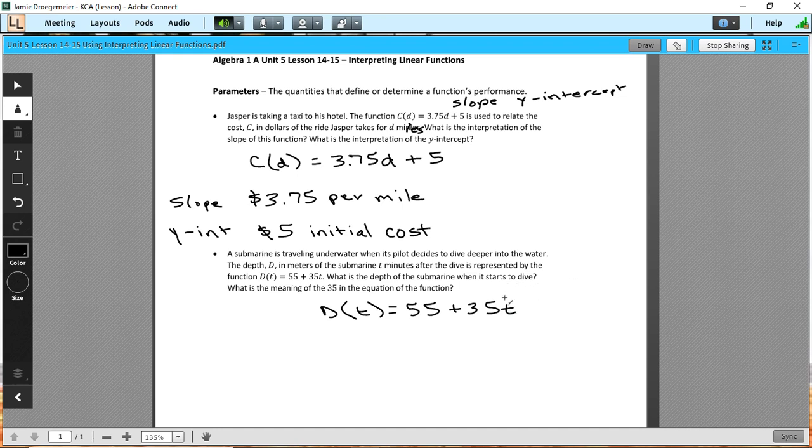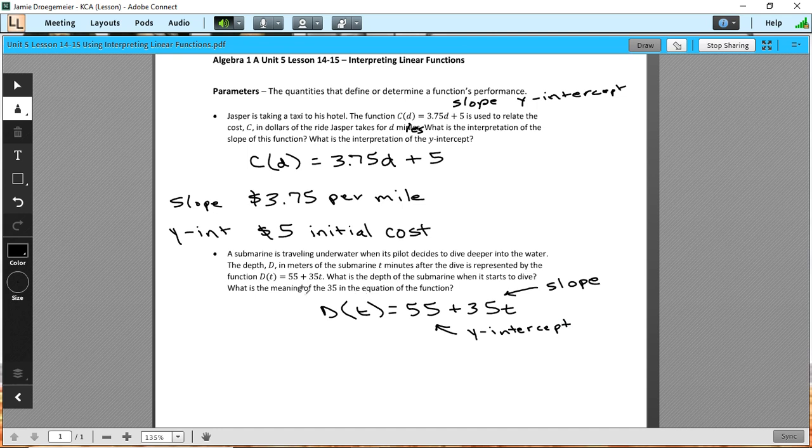All right, well, again, the 35 is being multiplied by the t. That tells us that that is our slope. The 55 is going to represent our y-intercept, thinking about slope-intercept form.